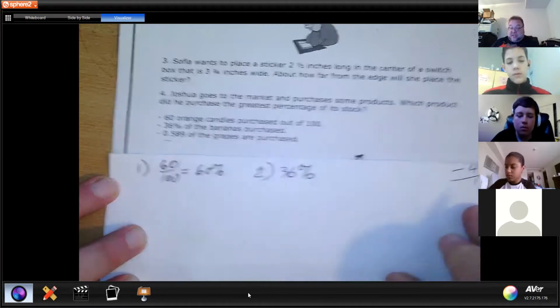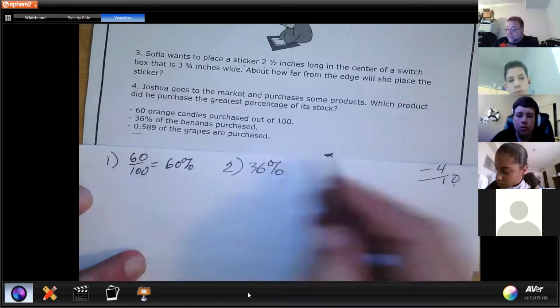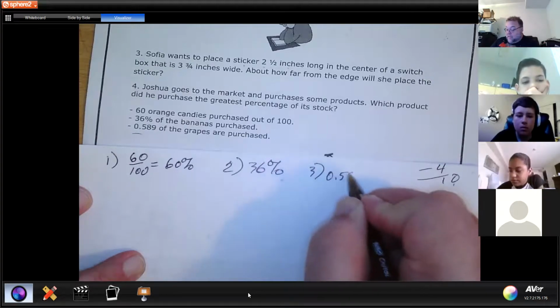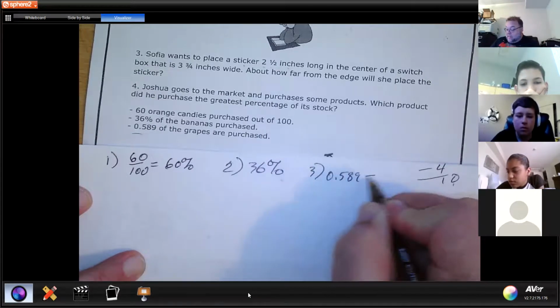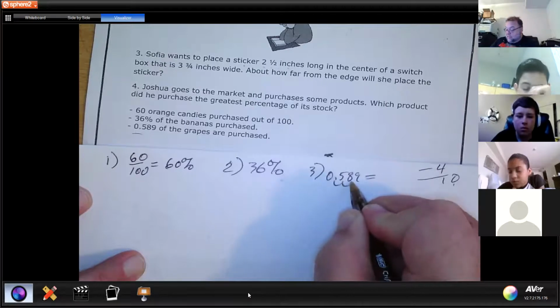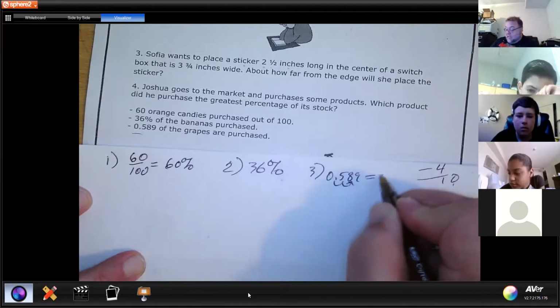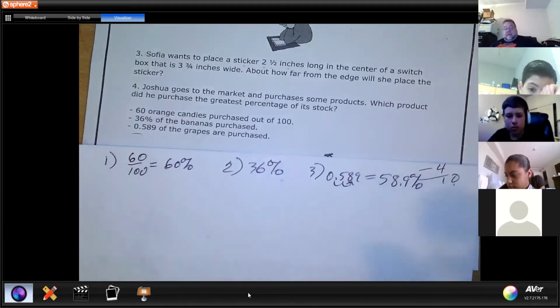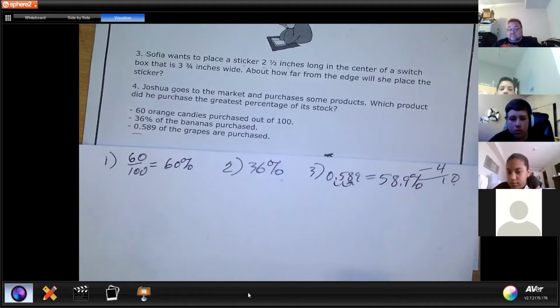We don't have to change that, right? And then the last one is 0.589. And if we convert that to a percent, we're going to have to move it to the right twice, and we get 58.9%. So obviously our answer is the first one, right?